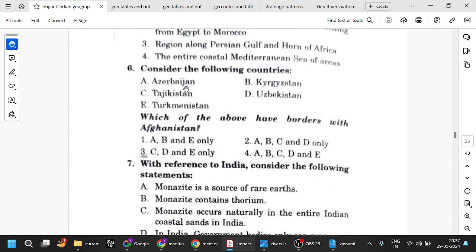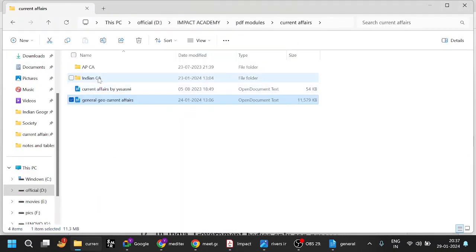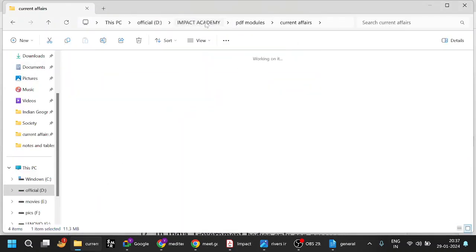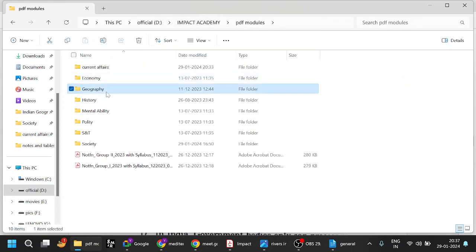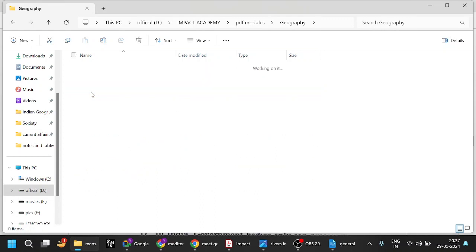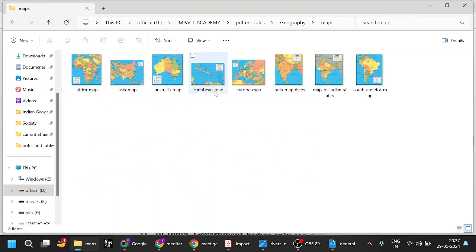Okay, consider the following countries: Azerbaijan, Tajikistan, Turkmenistan, Kyrgyzstan, Uzbekistan. Which of the following have borders with Afghanistan? Okay, let us see. I think I have some maps also. Afghanistan will be in Asia.